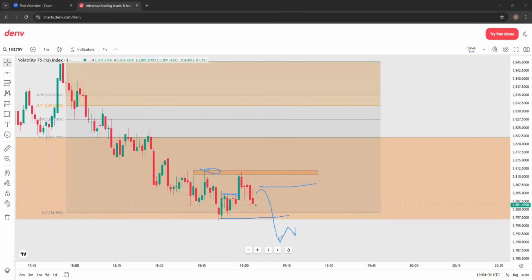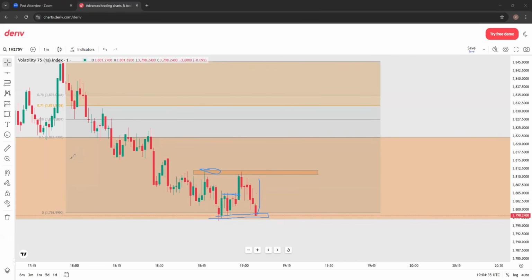Yeah. I understand. So let's just say at this point in time, we wait for a proper break of structure, since it's in M1 and M1 is sensitive. When it breaks structure, then we start taking buys. If it fails to break that structure and it continues down, you see like now what it's doing. It can even reject and start going up.